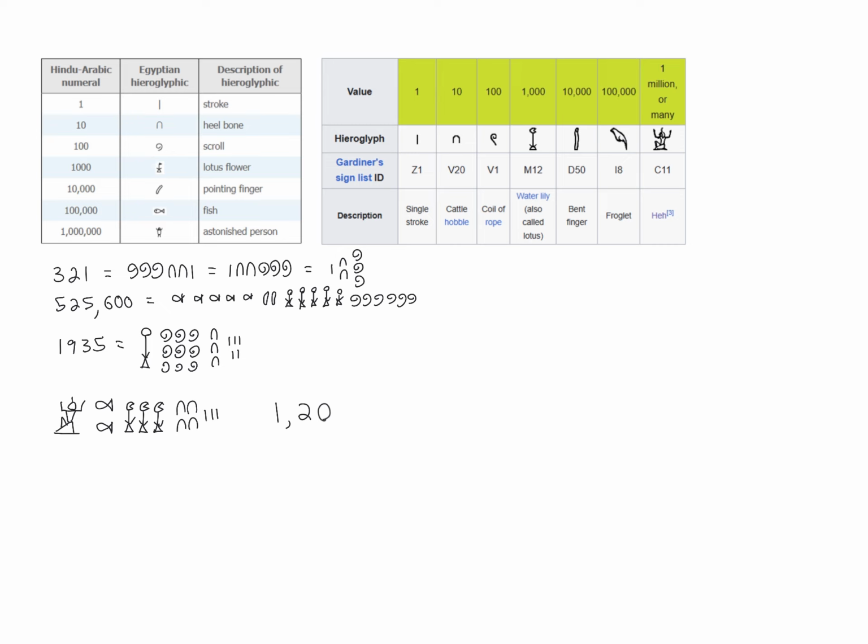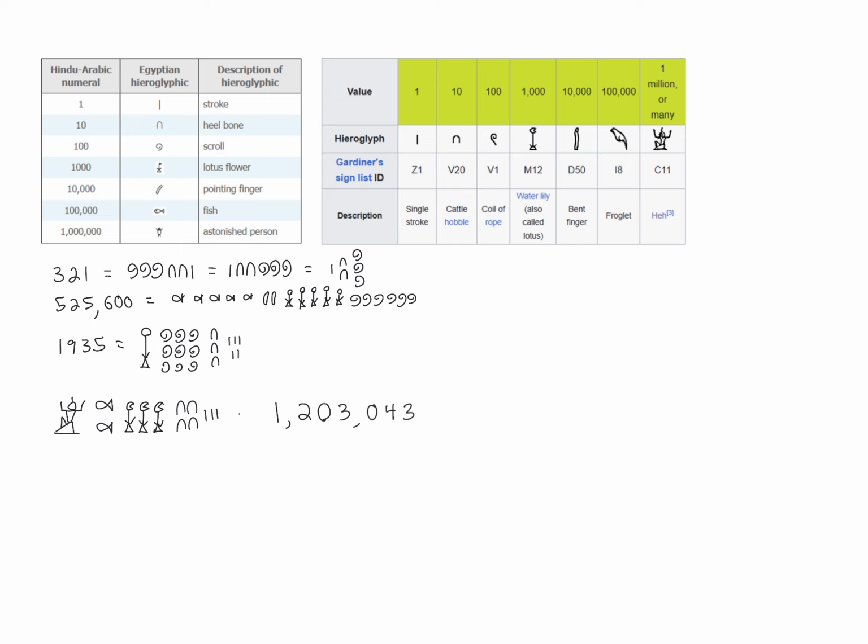There's 3 of those, so that's going to be 3,000. And then when we go down to hundreds, scrolls are hundreds, but there's no scrolls here. So it's going to be 0 in the hundreds place. And then there's 4 heel bones, so that's 4 tens, and 3 strokes, so that's 3 in the ones place.